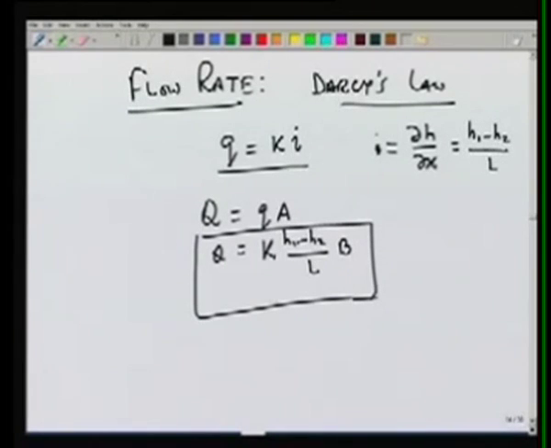So we have seen today how to obtain the equation of motion for confined aquifer, how to solve it for given boundary conditions, and the same thing we can do for unconfined aquifer. The thing is that unconfined aquifer is little more complicated because the water level itself determines the thickness of the aquifer.